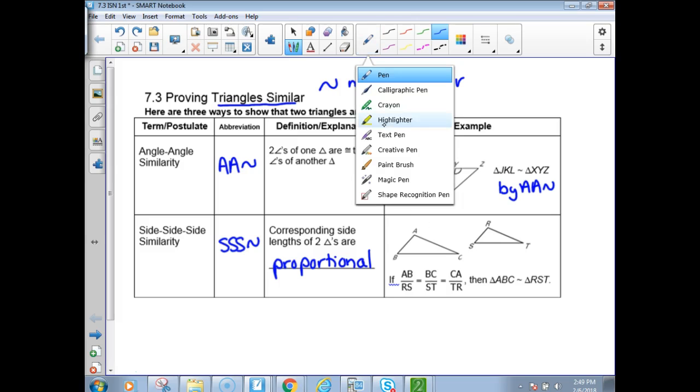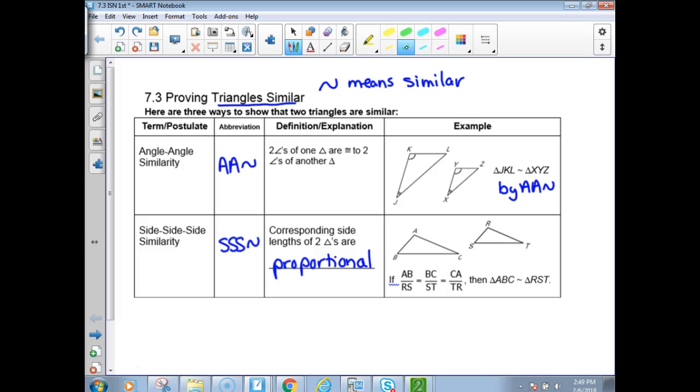So in this picture, if you like using highlighters, I am going to use some highlighting. The AB side corresponds to the RS side. That's what they're stating down here. The BC side corresponds to the ST side in the second figure.